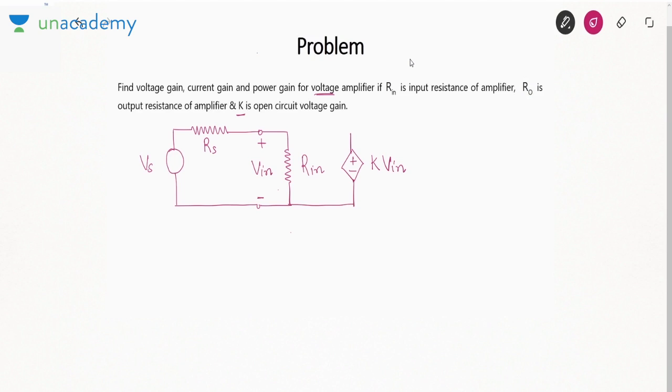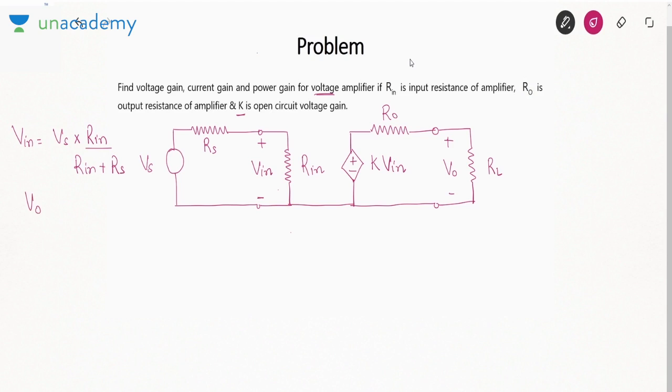Now see, it is a voltage controlled voltage source. The voltage source is connected in series with a resistance R0. These are the output terminals of the amplifier, and then I will connect a load RL. This is your V0. So first I find Vin, which is Vs into Rn over Rn plus Rs.